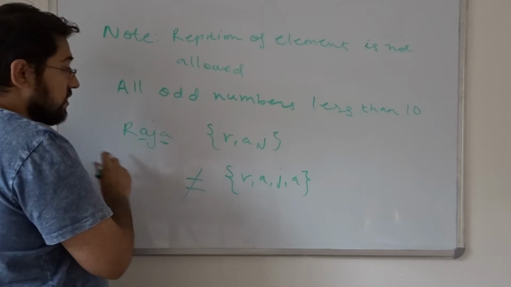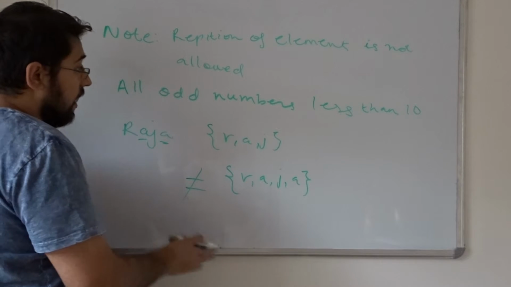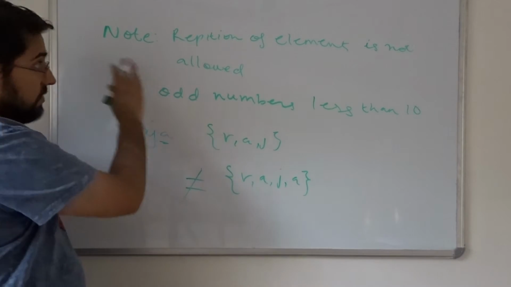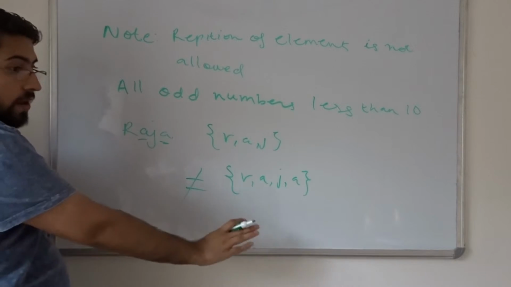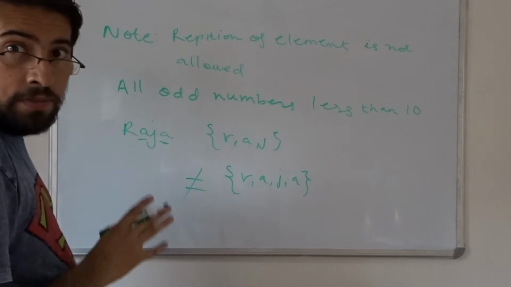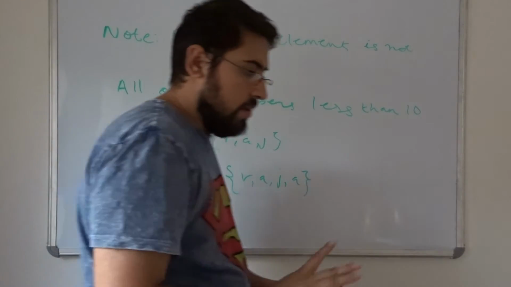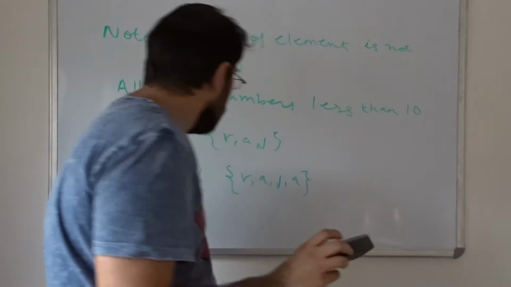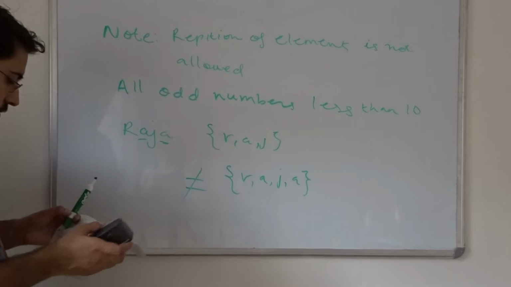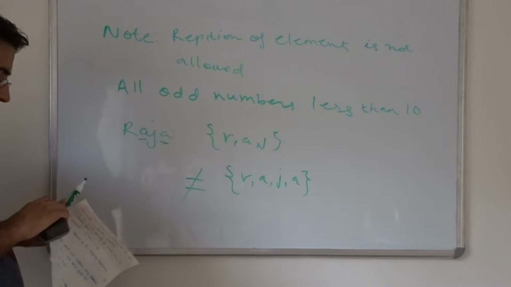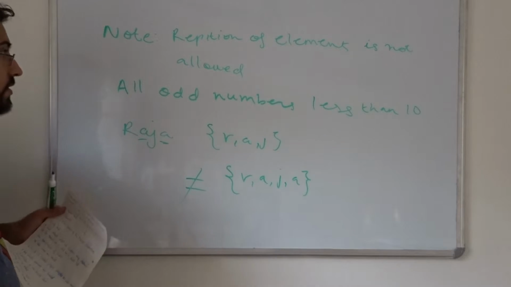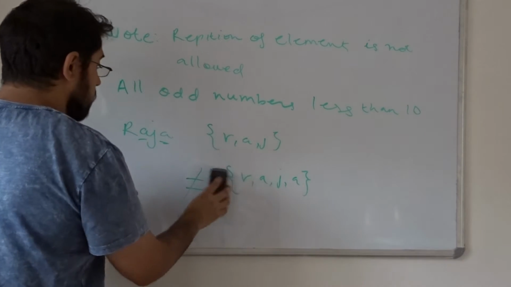Although I have two A's in my name, I can't repeat it. That is why I said repetition is not allowed. So just keep that in your mind: repetition is not going to work here at all.